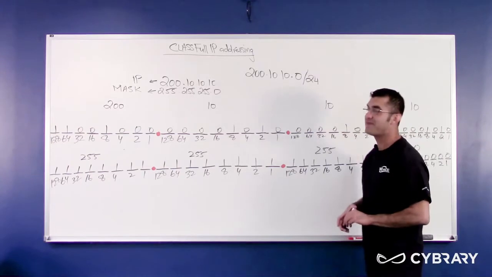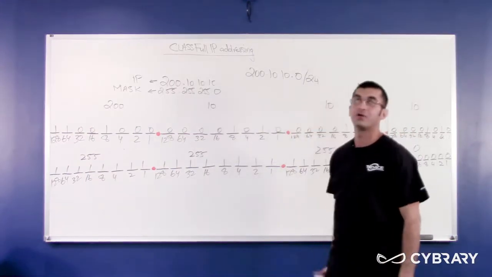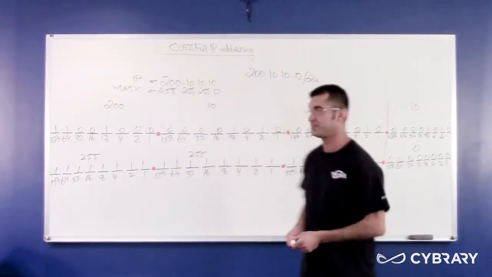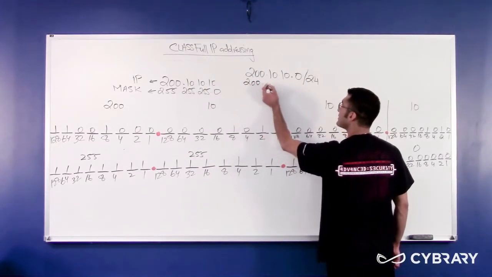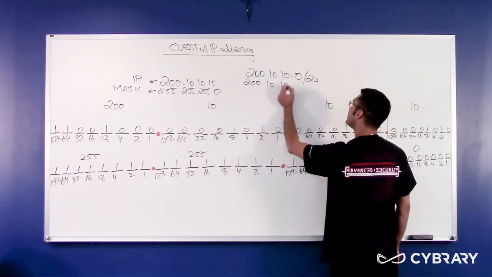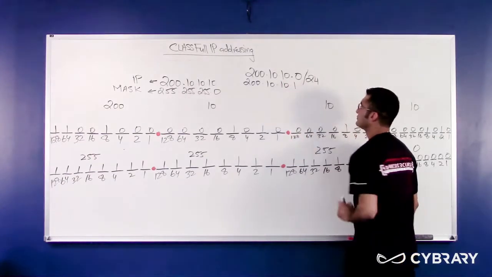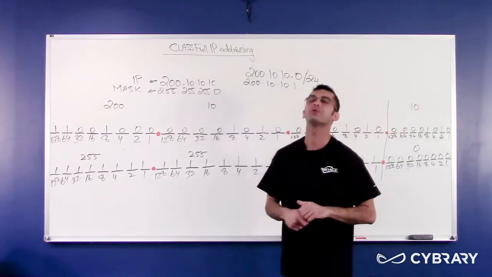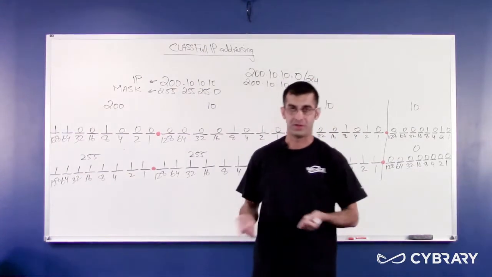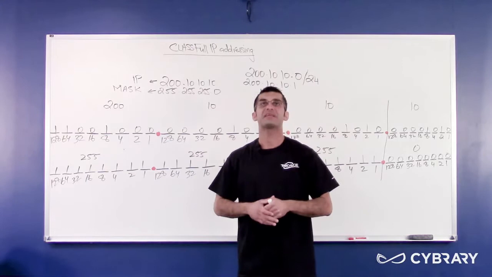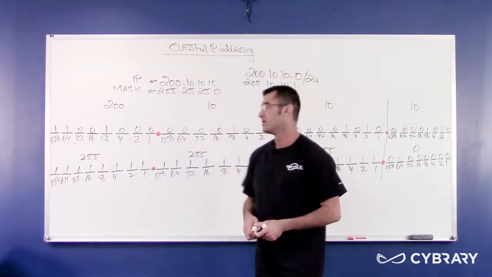Now, the first valid address on this street, or the first house on this street, is simply 200.10.10.1. If I were to ask you how many total houses can you have on this street, or in other words, what is the last address on this street?